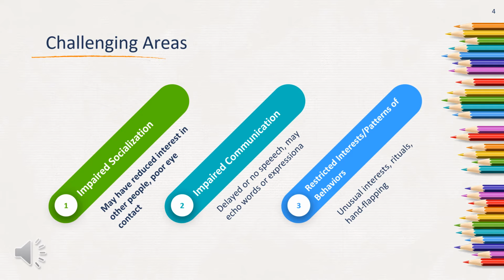With restricted interests and patterns of behaviors, they have difficulty making transitions, sometimes get upset with changes in schedules, and have unusual sensory responses, this includes noise, textures, etc. They have difficulty making choices, or they may choose the same things over and over.